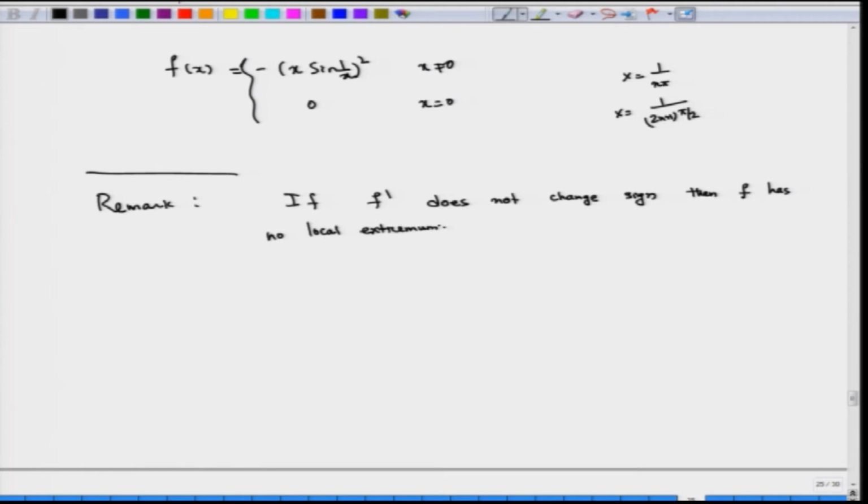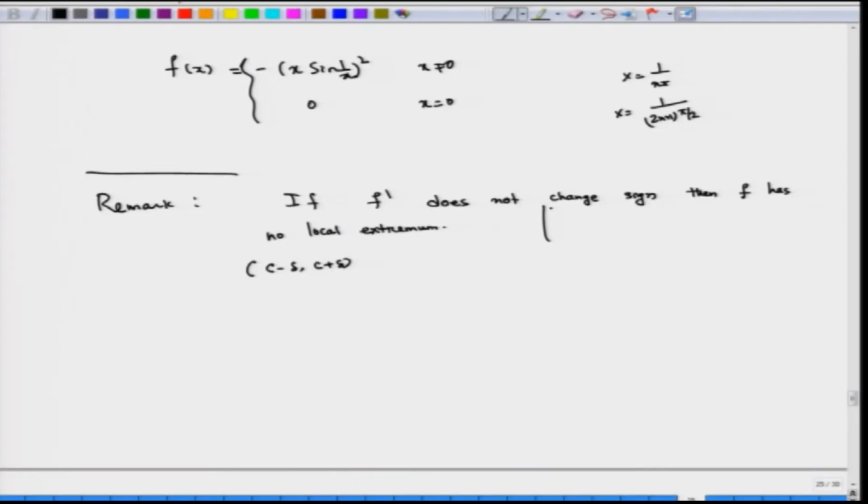Not changing sign means that if I look at c minus delta, c plus delta, there is an interval around c in which f prime retains its sign. That means either f prime is 0, or f prime is positive in this entire interval, or f prime is negative in this interval.